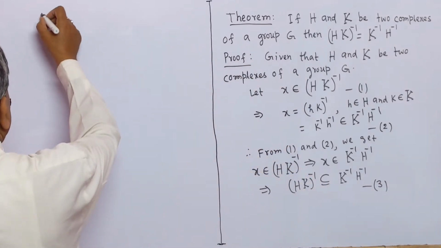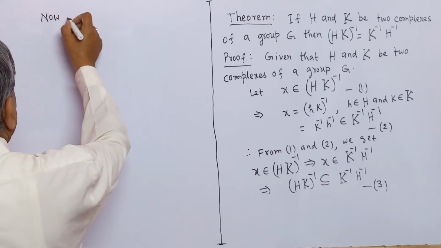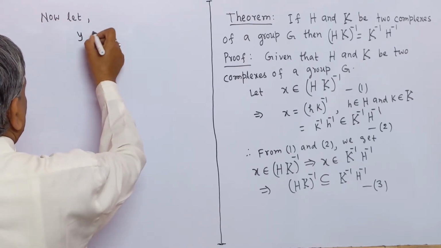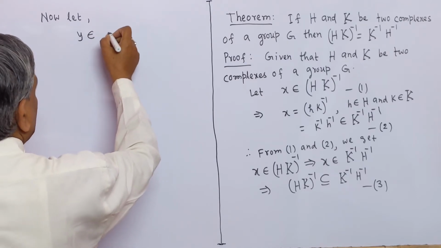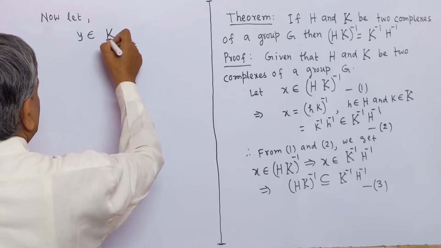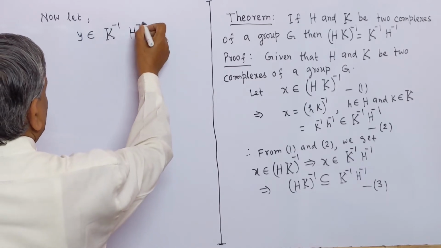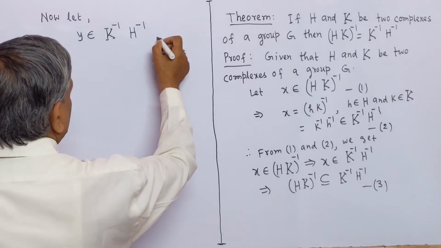Now let Y belongs to capital K inverse capital H inverse. This is number 4.